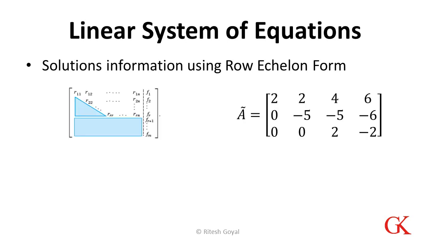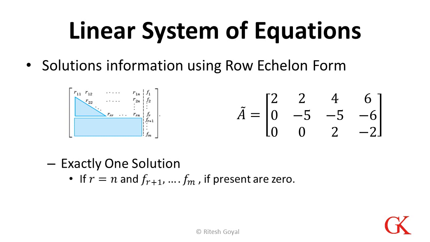So we are putting a row echelon form matrix and an example matrix from our previous example. The first and foremost thing we want to talk about is if exactly one solution exists, then what's the condition? The number of non-zero coefficient equations should equal the number of unknowns in our system.